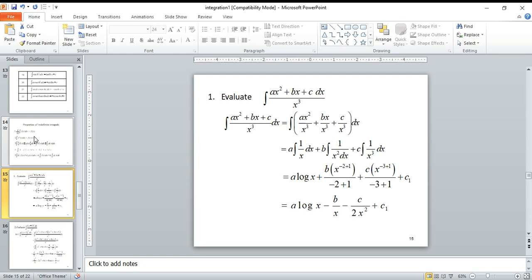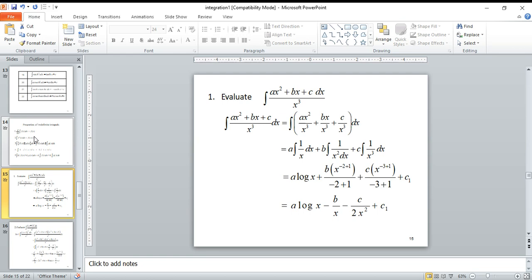That is integration ax square by x cube plus bx by x cube plus c by x cube into dx. Here small a is a constant term, take it outside. Integration 1 by a x square, numerator x square, denominator x cube. So square cancels, remaining is 1 by x dx plus b into.